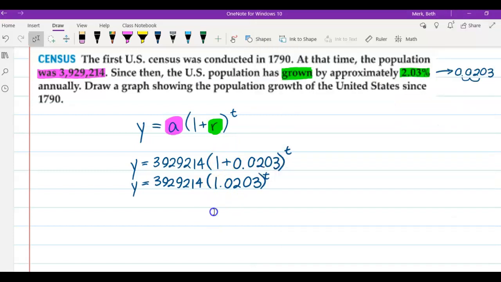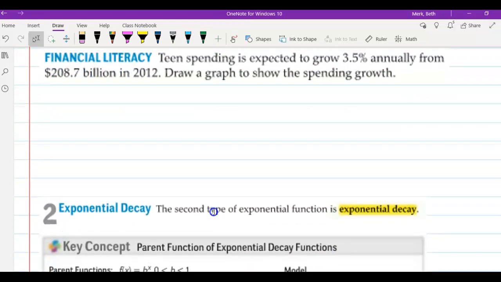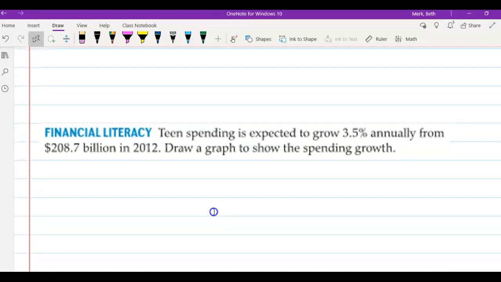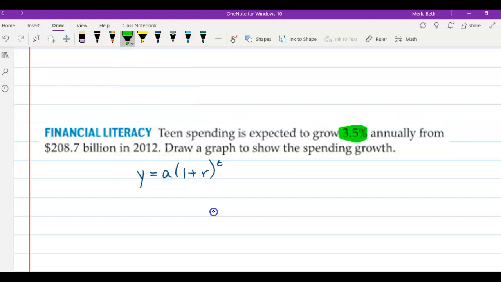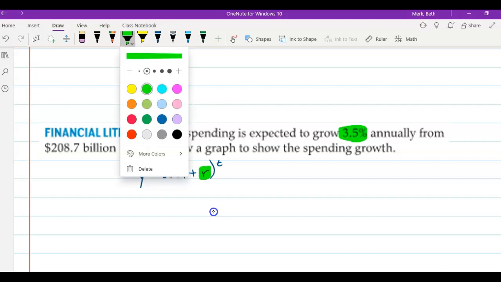All right, let's take a look at another problem. We're just going to set this one up. We're not going to graph it. Teen spending is expected to grow, so we're going to start with our original formula, 1 plus the rate. It's expected to grow 3.5%. That's going to be our rate.